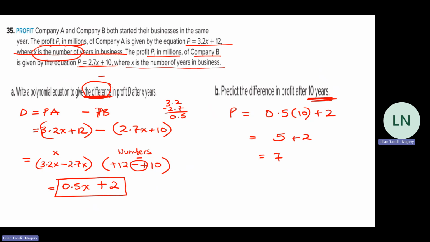But 7 what? 7 million. 7 million, like that. And you box your answer. And even here, the unit is million. Millions, because it's more than one. Okay?